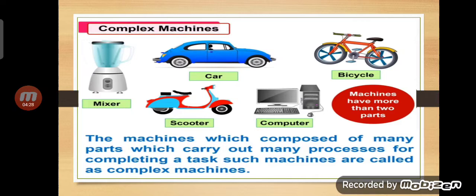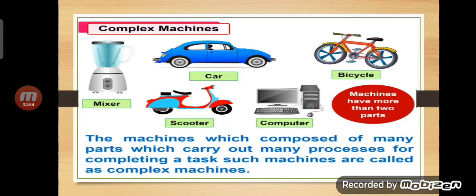Yeah, right? If we observe these pictures, children, we can see these machines are composed of many parts which carry out many processes for completing a task, and for this purpose the parts are joined to one another. But what do we call such machines, children?